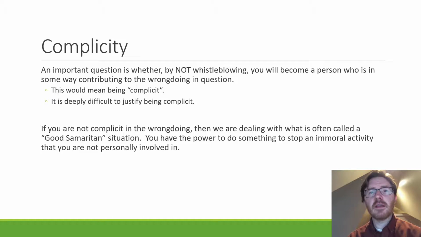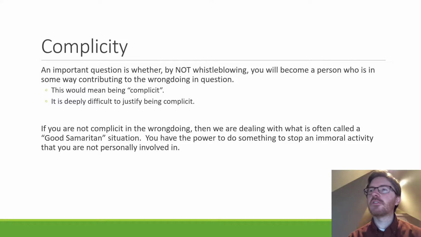And there, if the question becomes either I whistleblow or I remain part of the problem, that brings a much stronger duty to whistleblow. If you're not complicit in the wrongdoing, then this is what we call a Good Samaritan situation. You see something bad going on. To use a grade school example, you see some kid being bullied at recess on the playground.